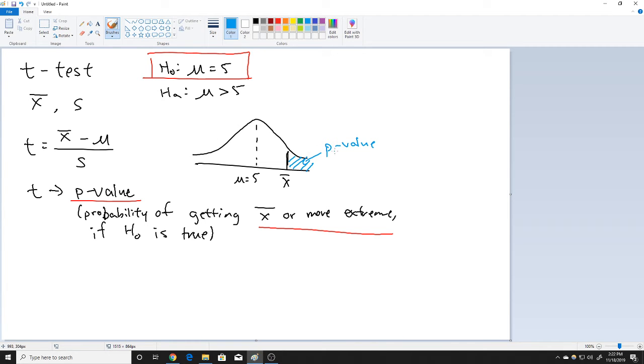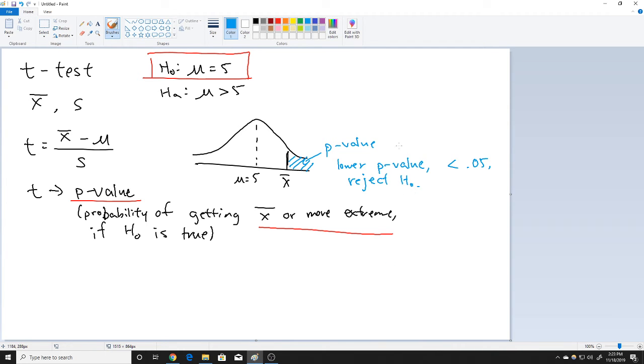But the point is the lower the p-value, the less likely it is for this kind of outcome to occur if the null hypothesis is true. In fact, if it's below 5%, 0.05, which is usually the significance level for most testing, then you would think it's very unlikely for the null hypothesis to be true. So we would say we reject the null hypothesis, right?